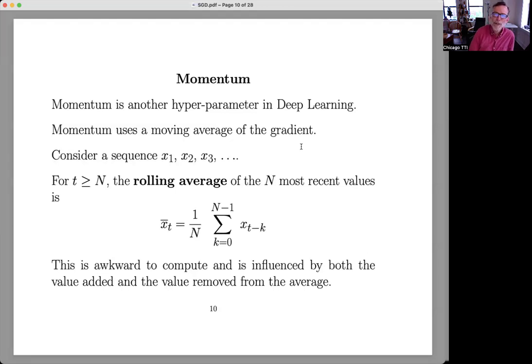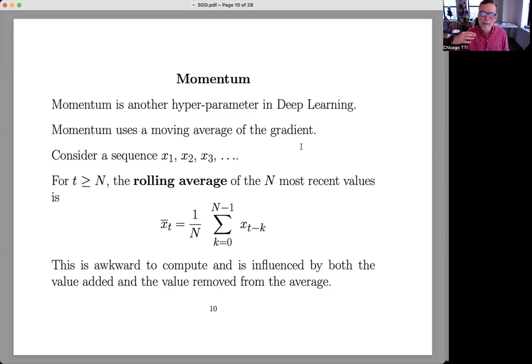It's going to use in the update a sort of moving average of the gradient rather than the batch gradient. So in addition to having a batch size, I'm going to take a moving average of the gradient over many batches and make that the gradient estimate I use in my parameter update.